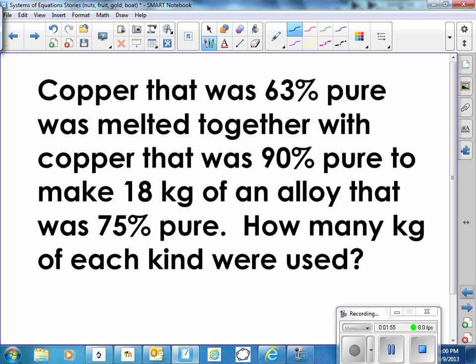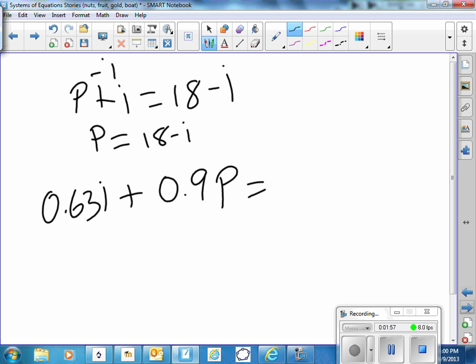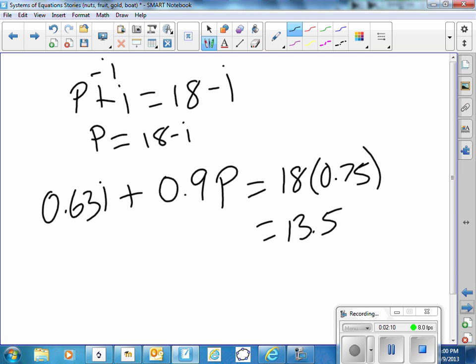So if I multiply, well, we'll go ahead and put that in there. It's 18 times 0.75. Okay, so that comes out to 13.5 kilograms of pure copper.